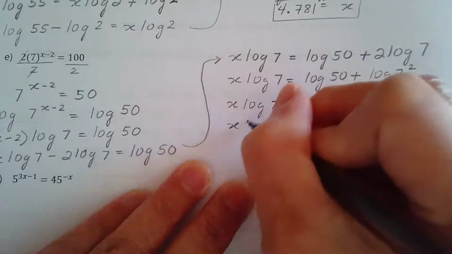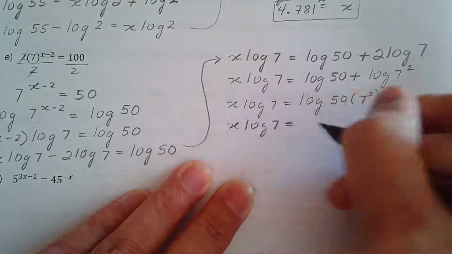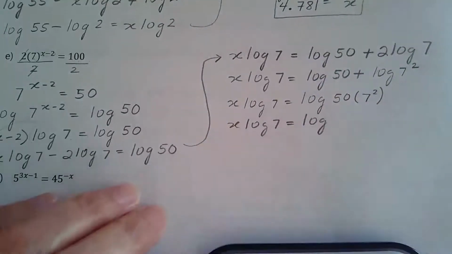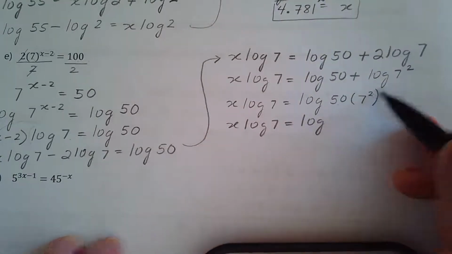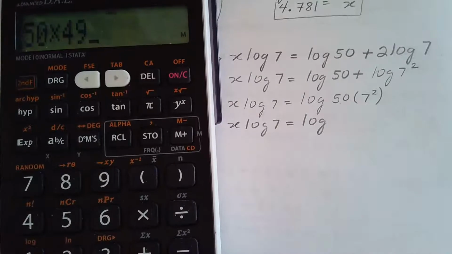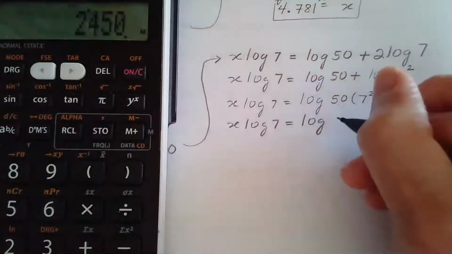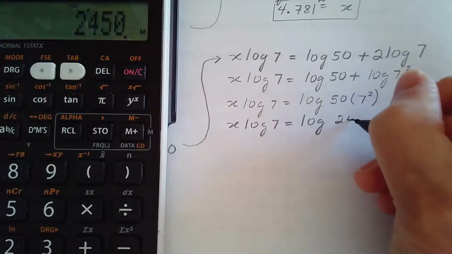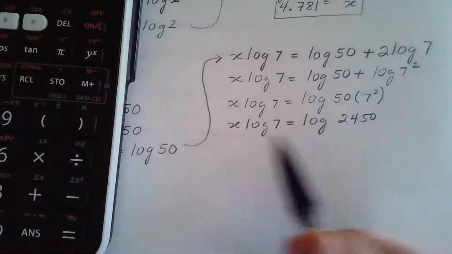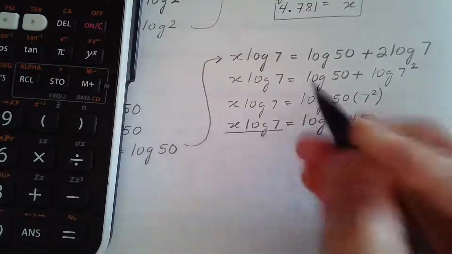So x log of 7 equals, I'm just going to figure that out right away. It's going to be 50 times 49, which equals 2450. And then finally divided by log of 7.